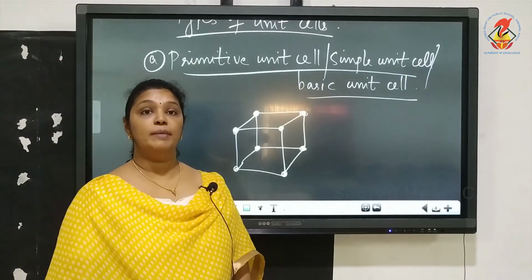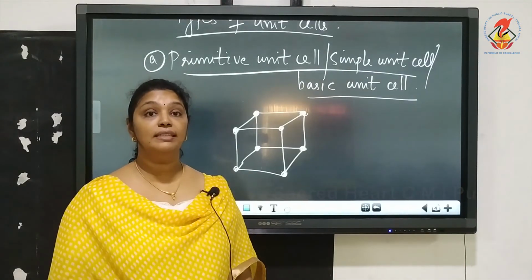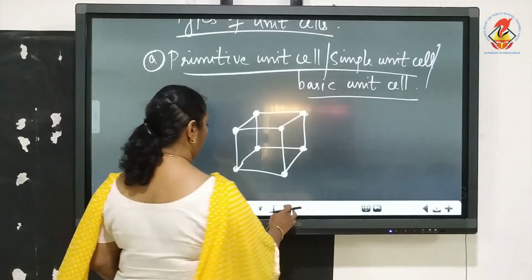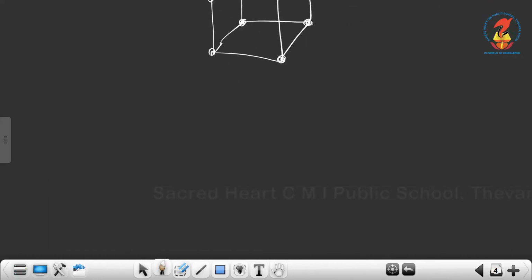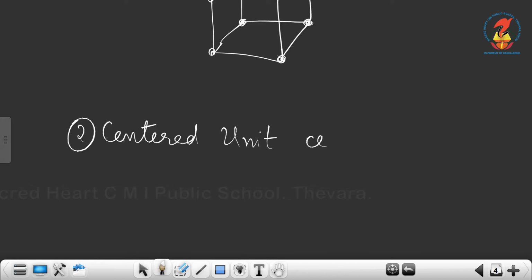Now the next type of unit cell is centered unit cell. Second type is centered unit cell. Now centered unit cell means in centered unit cell there are constituent particles at the corners.